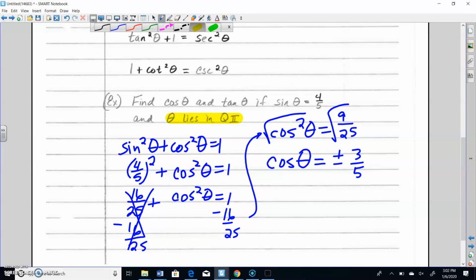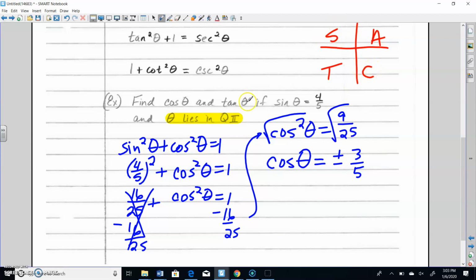Remember when we have in our 4 quadrants, all students take calc, that little thing to help us remember what functions are positive. So in the first quadrant, all 6 trig functions are positive. In the second quadrant, sine and its reciprocal are positive. In the third, tangent and its reciprocal are positive, and in the fourth, cosine and its reciprocal.